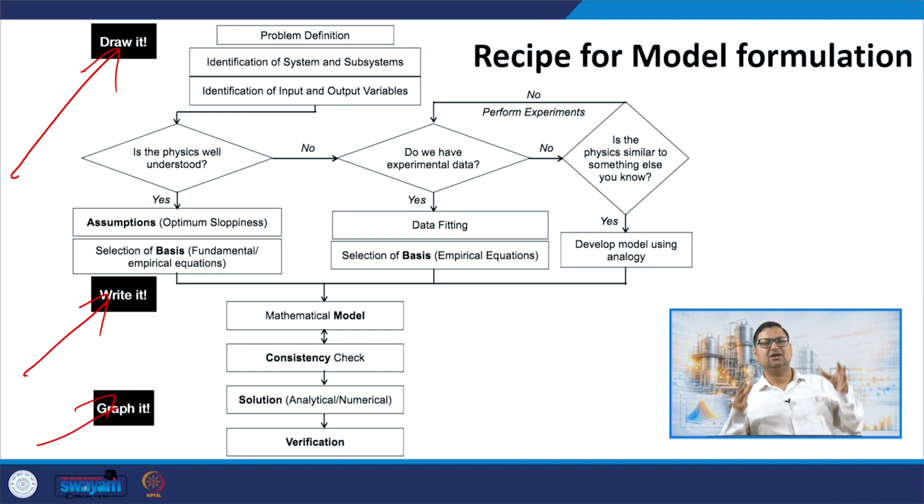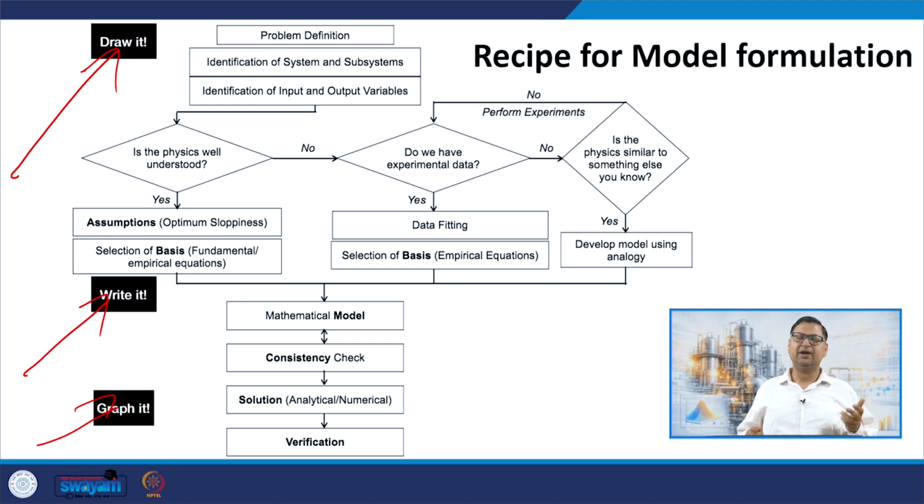Does it predict the behavior found in experiments, things like that, right? So there are 3 steps I basically want you to follow. One is to draw it, the second is to write it, and third is to graph it. Of course, there can be variations depending on the problem, but these 3 are pretty much, I would say, the standard steps that we follow in most of the problems that we do, right?